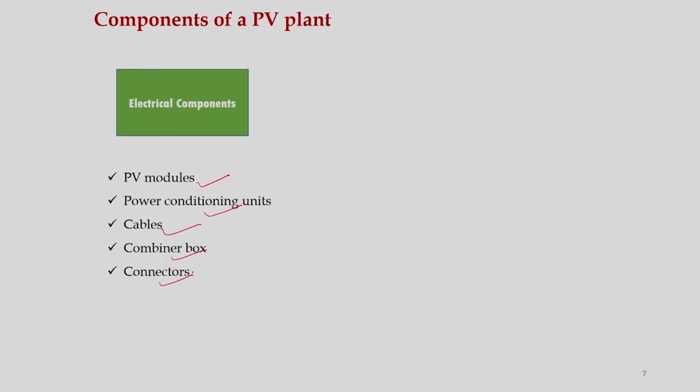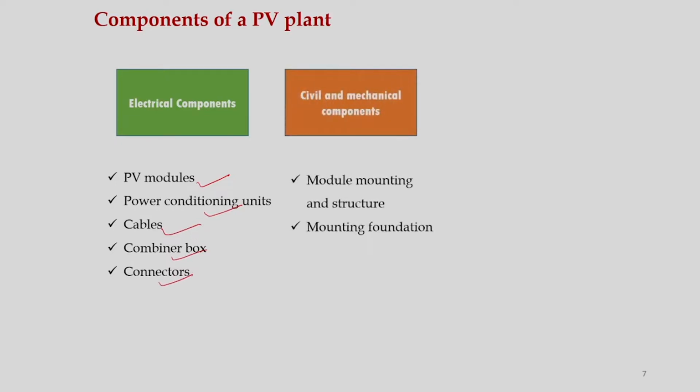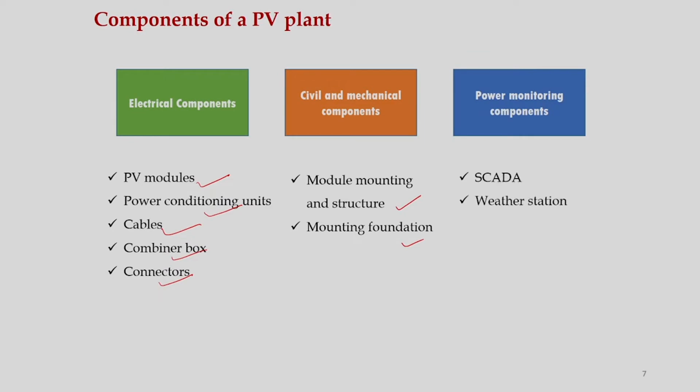Next are civil and mechanical components: module mounting and structures, then mounting foundations. The third category is power monitoring components, which includes SCADA and weather stations. Now, we will discuss one by one.